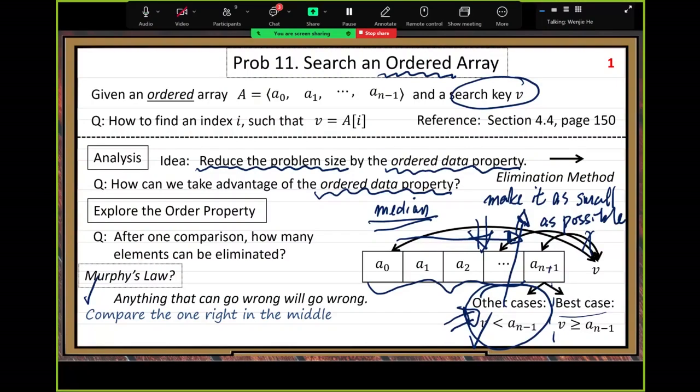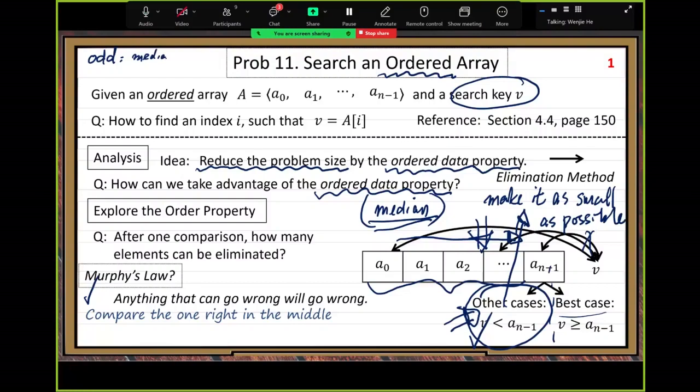When we talk about the median, what's the definition of the median? Although we have some basic understanding, we want a rigorous definition. If your array has an odd number of elements, then there is only one element in the middle, no confusion, so the median is clear.